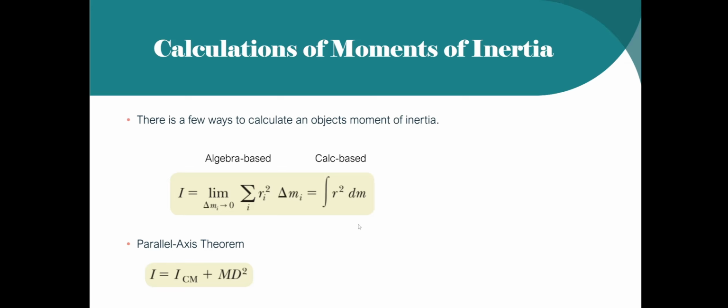Now, there are a couple of things that can help us with it. There's a theorem out there known as the parallel axis theorem. So the parallel axis theorem helps us calculate new moments of inertia based on old moments of inertia. Okay, so what do I mean by that? Well, think of a merry-go-round.